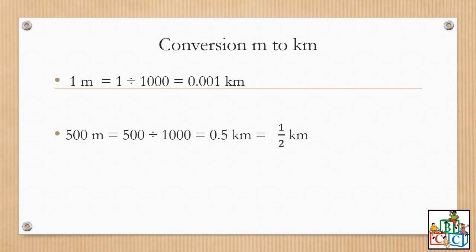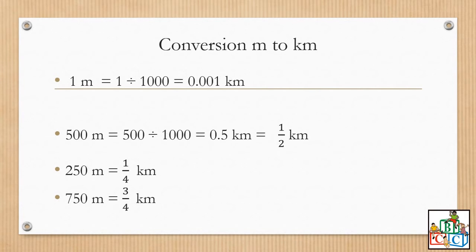Let us take other examples. 500 meters. 500 divided by 1000 is equal to, you're going to move to the left by 3 places. 0.5 kilometers is equal to half kilometer. 250 meters is equal to 1/4 kilometer.